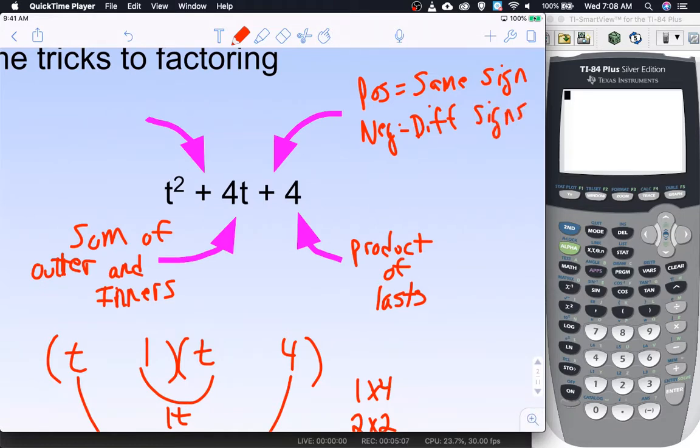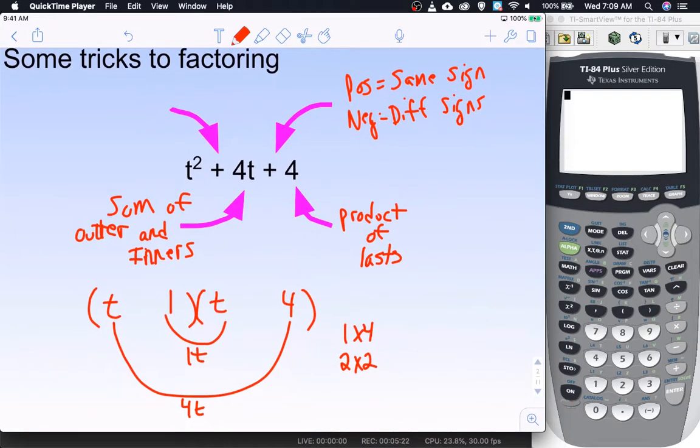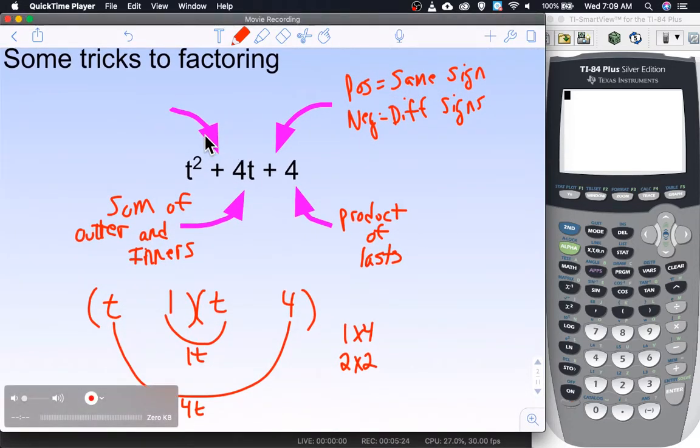Now, a lot of this you're just kind of copying down what I'm saying. Okay, it's going to make much more sense when we actually start doing some examples. But I wanted to kind of let you know some of this stuff. And then we're not going to worry about him right now. This also just comes from the sum of the outers and the inners.